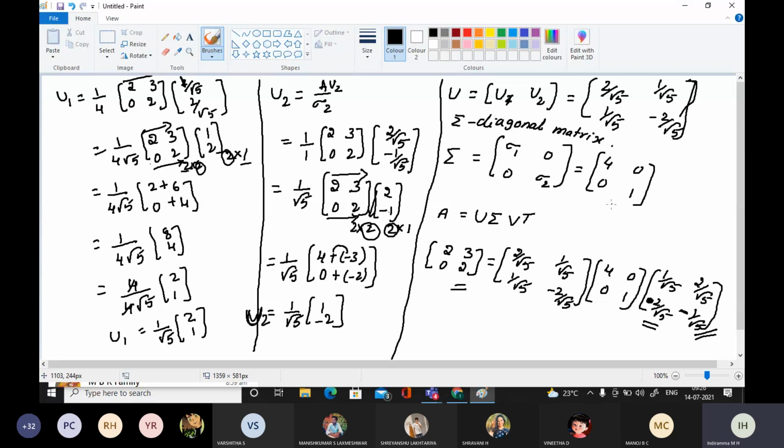What I considered in the second eigenvector is that I took the minus for minus 1, not for 2. So that's what I got. But it is the same only. You will get the same answer. No need to worry. Got it? Is all of you clear in finding singular value decomposition for the given matrix?